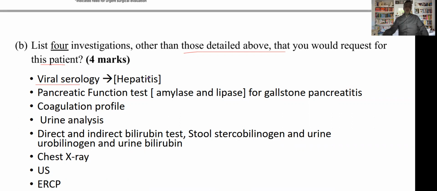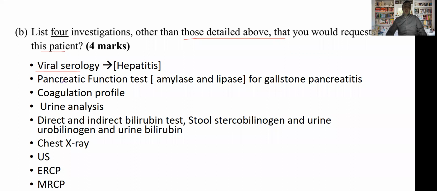One of the most important causes of hepatitis is viral hepatitis, either type A, B, C, D or E. So I would like to do viral serology for hepatitis, like hepatitis B surface antigen, HBs antigen, or hepatitis A virus IgG and IgM, or hepatitis C virus IgG and IgM. All of these can be done to rule out the infectious causes of hepatitis.